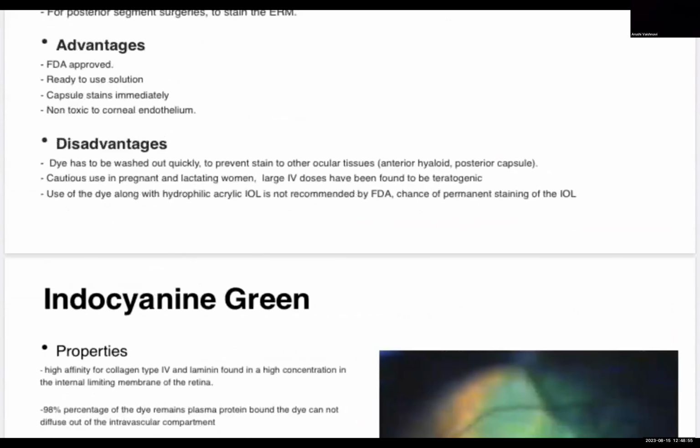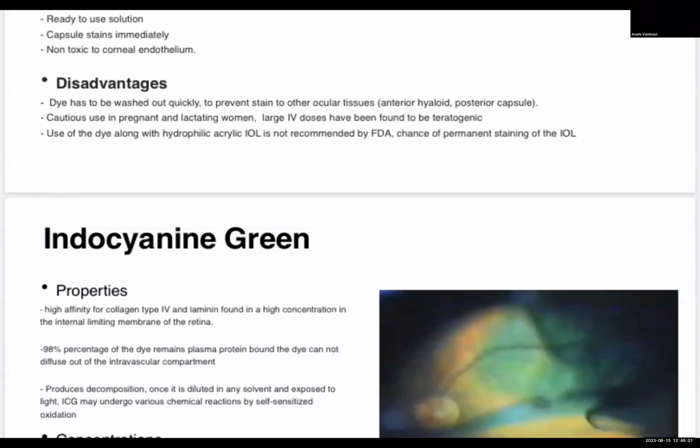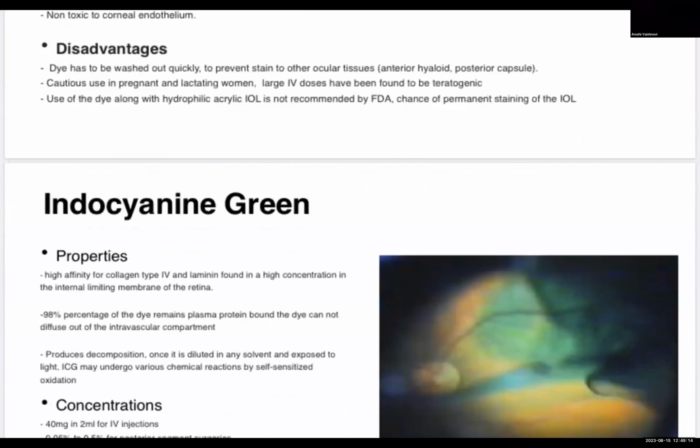It is FDA approved, a ready to use solution is available for this dye and it stains immediately. But it has to be washed quickly to prevent staining other ocular tissues. And it is not to be used with acrylic IOL as it causes permanent staining of the IOL.